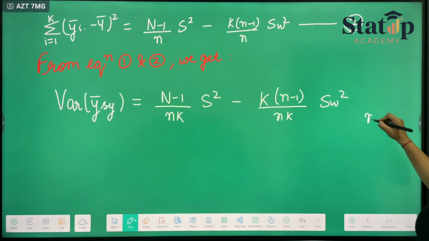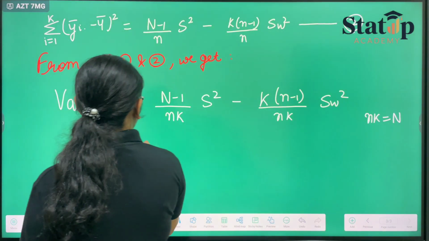Now we know that small n into k is nothing but capital N, so we can substitute that here.